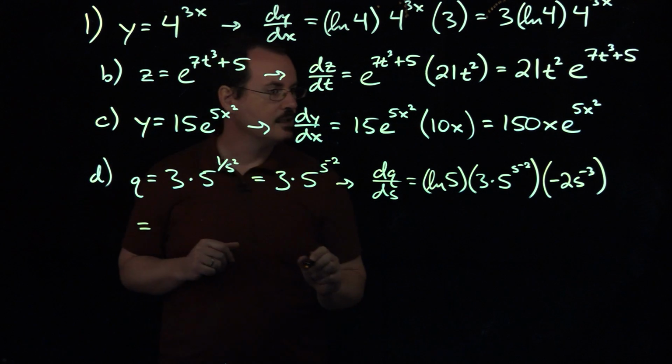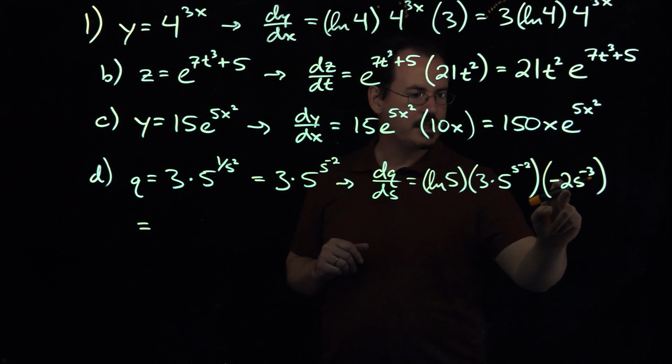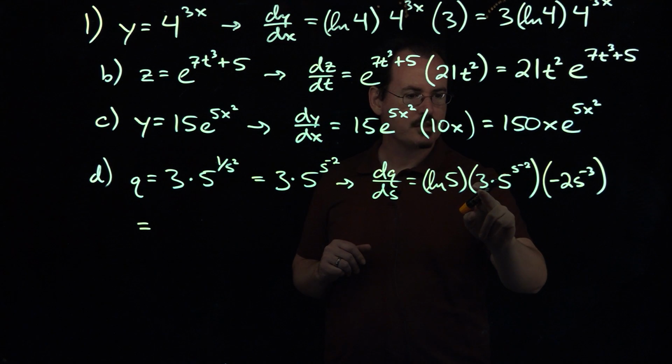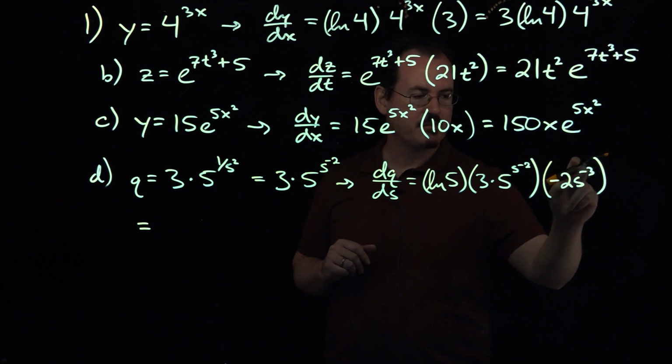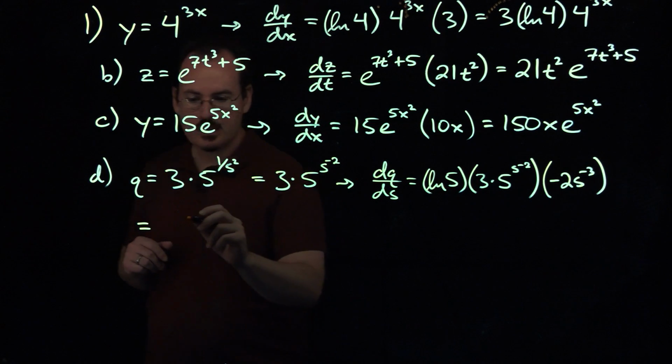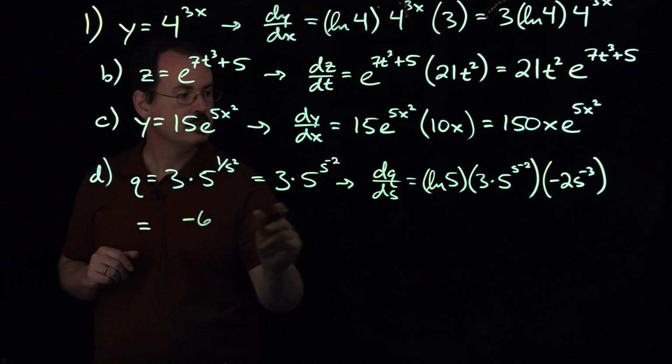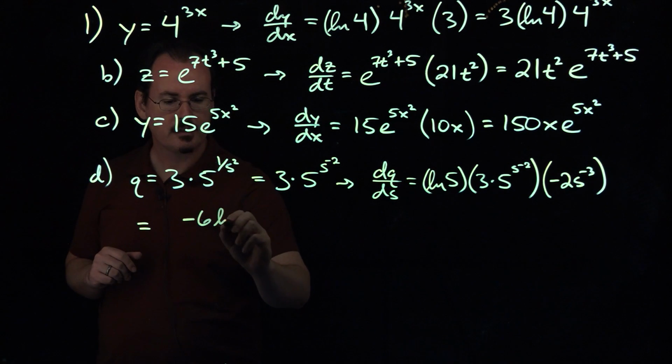So I'll put the negative 2 in front, and we can multiply it by that 3 that we have there, so that's going to give us minus 6. That s is to a negative power, so I'm going to move it to the denominator. So what we're going to get after all that, we'll have minus 6. The ln 5 is still there.